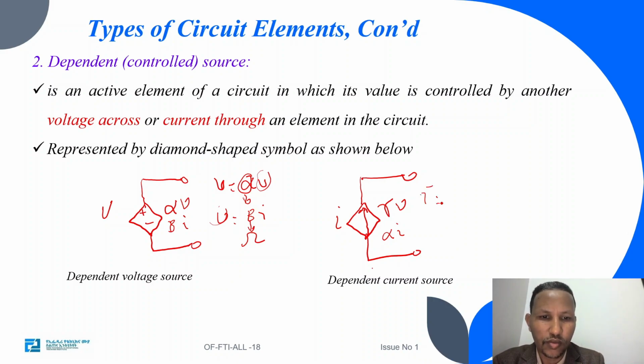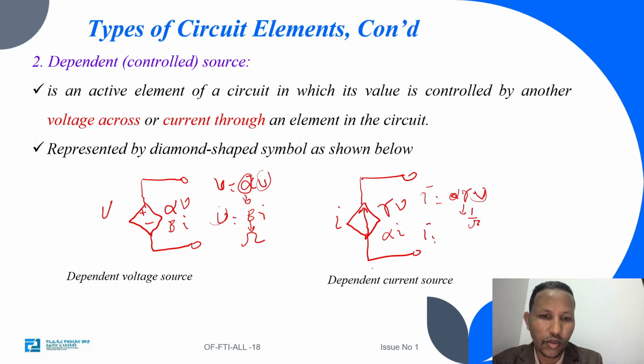When it comes to the dependent current source, when I equals gamma V, the voltage in a circuit element will affect the current source, and the unit for gamma is 1 over ohm.